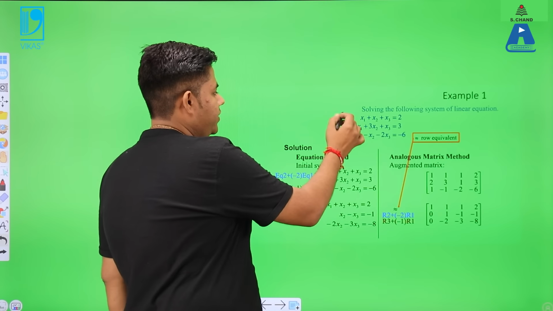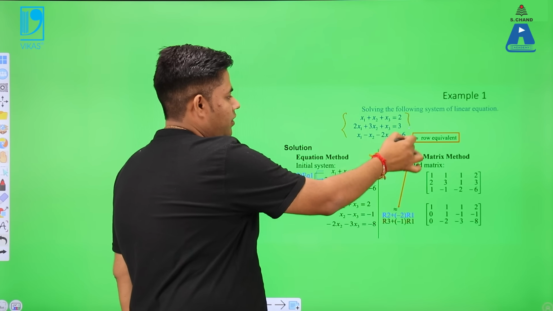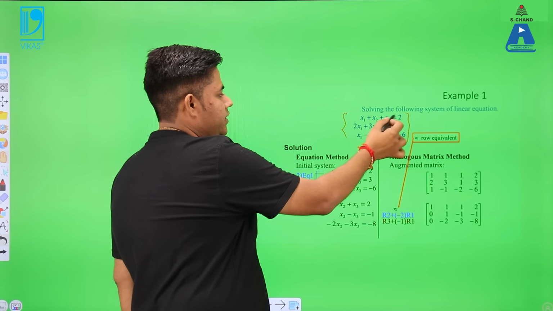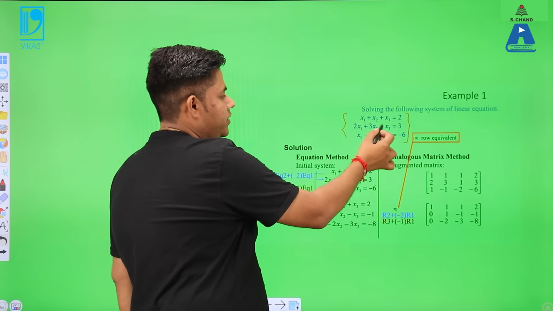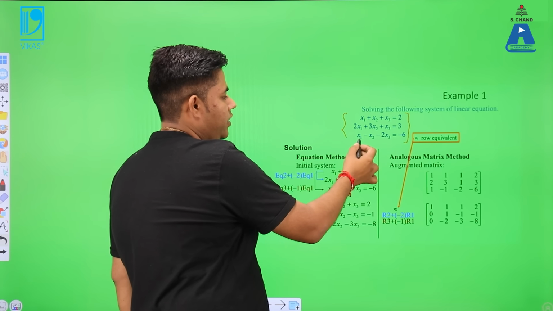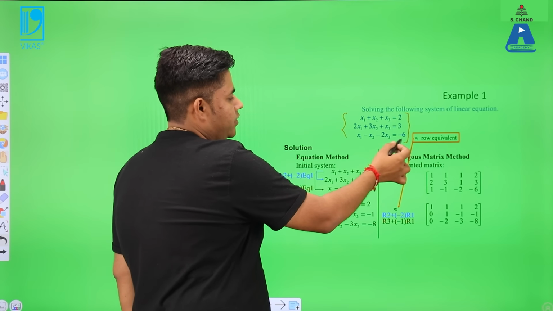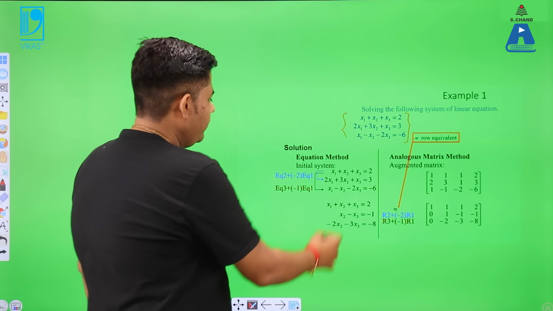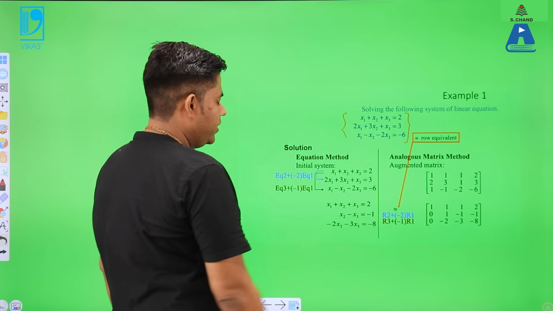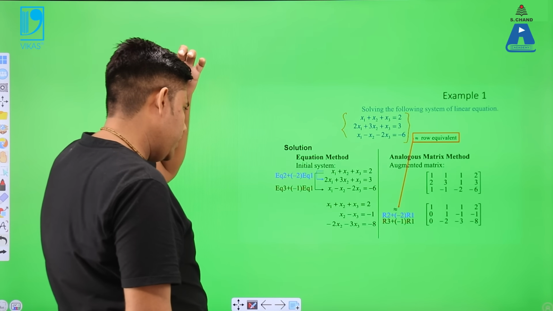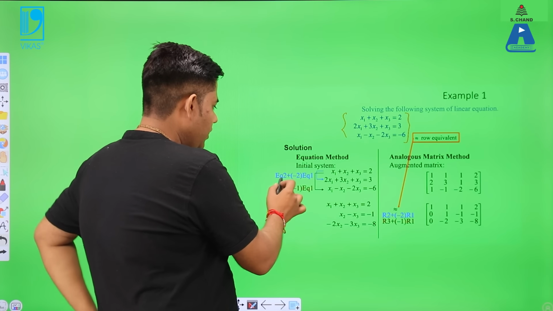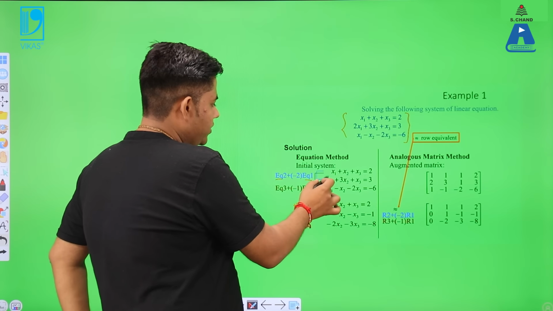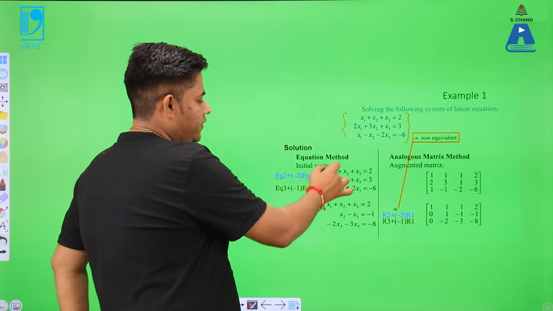So you have the same set of equations: x1 plus x2 plus x3 equals 2, 2x1 plus 3x2 plus x3 equals 3, x1 minus x2 minus 2x3 equals minus 6. I need to add the two equations together and eliminate the first element.